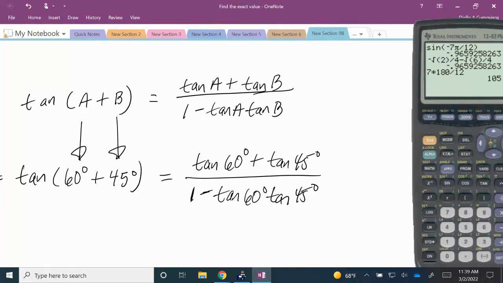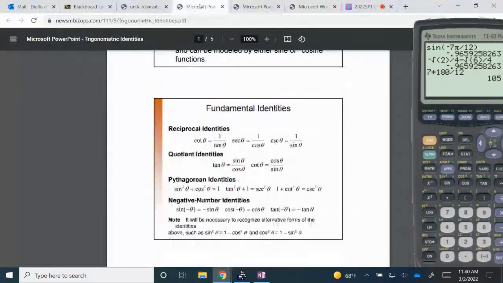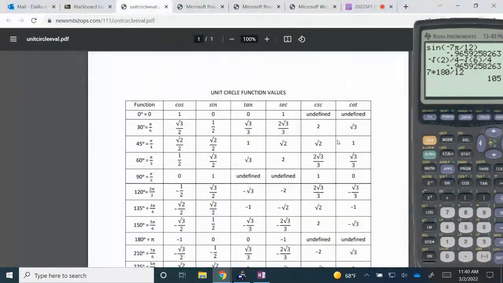So now we need to find the tangent for both 60 and 45. The quickest way to find tangent values is by using the unit circle function value sheet.